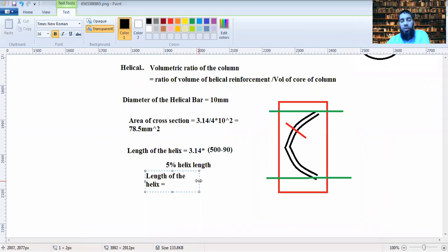there is one more way of doing this. You have to calculate the length of the spline, which is a cumbersome process to do. So we'll just assume it's something like this.